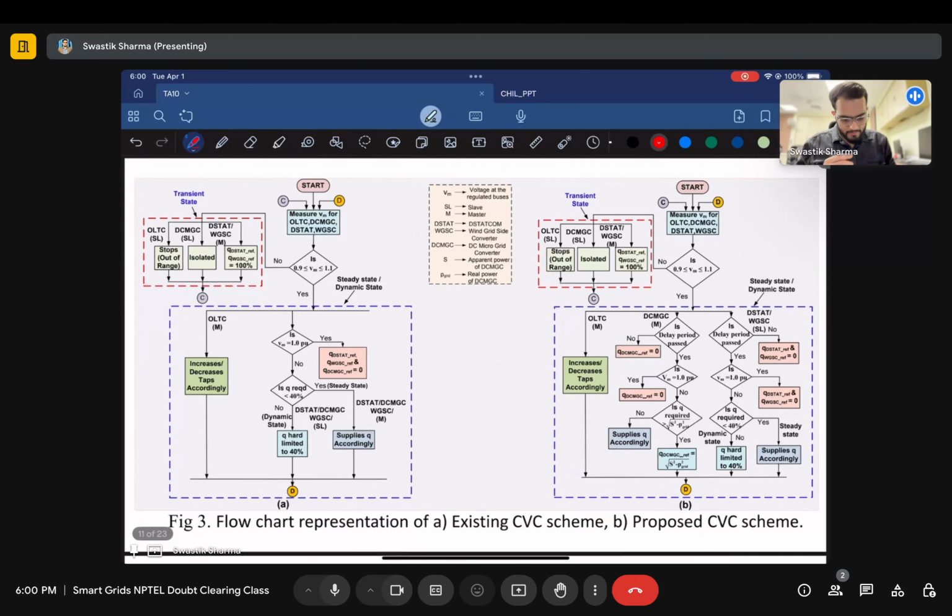Again, this is the flowchart. The steady state or dynamic state of the system is represented in this blue box, and the transient state is represented in the red box, right? So let's talk about this.